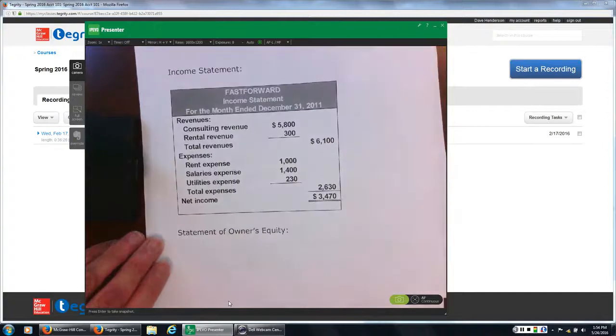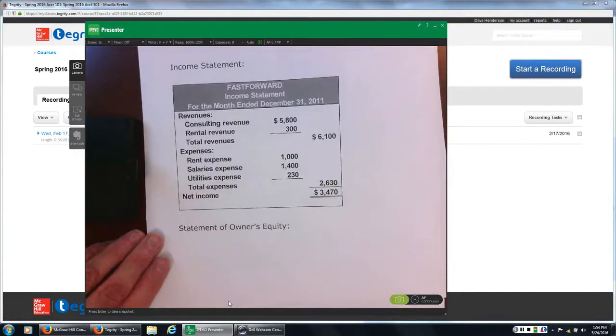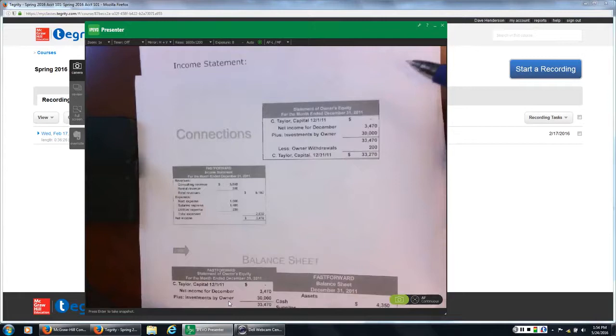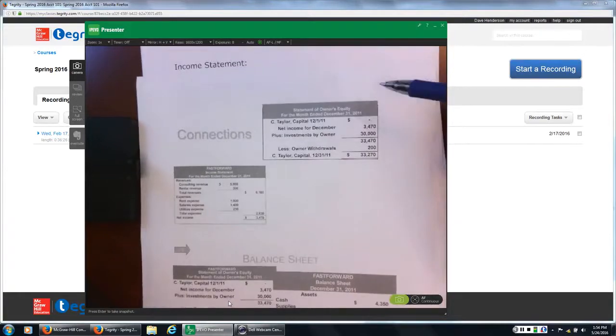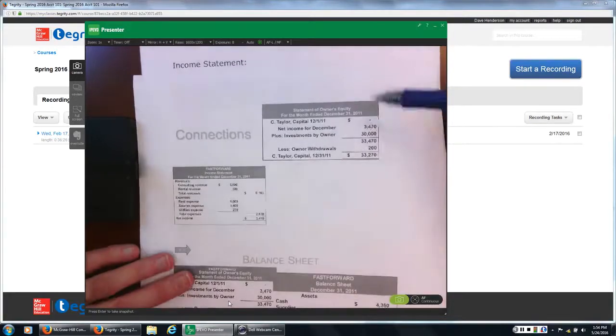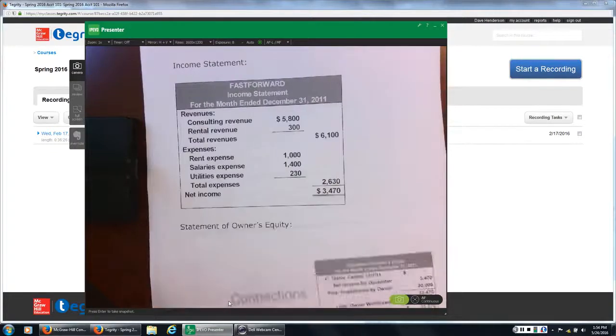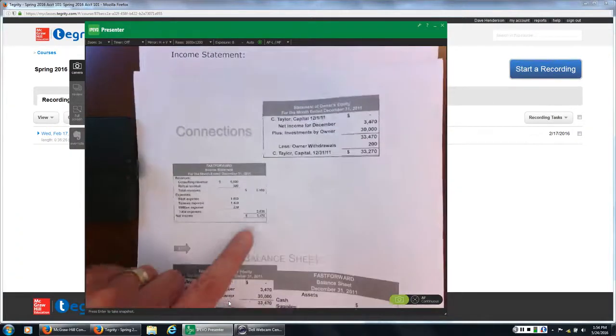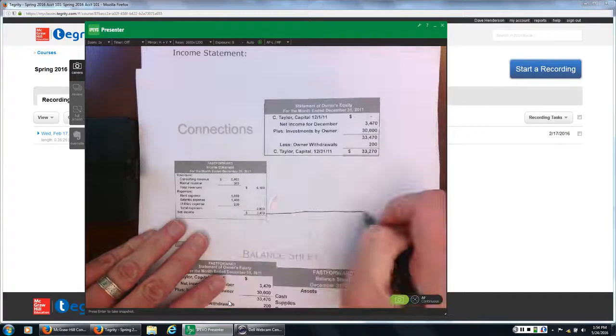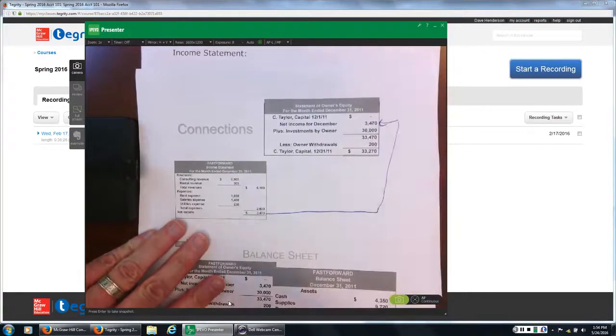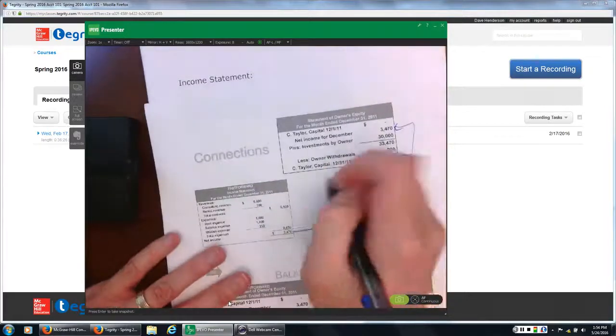After we do our income statement, we can then do our statement of owner's equity. With our statement of owner's equity, it's just breaking out the four components of equity. So what we have is beginning capital right here, and then we have our net income. And you might be thinking, why do we actually have net income? Well, see where you got that number, 3,470, right here. That number comes right there. And you might be thinking, why does that happen?